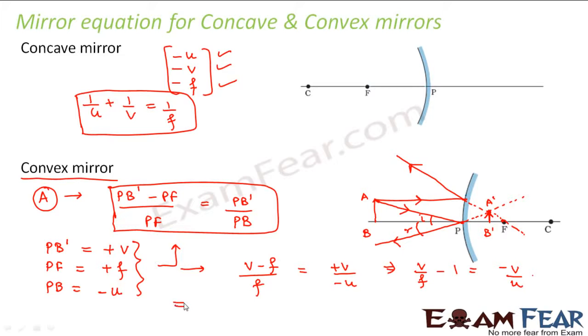If we divide throughout by v, we get 1 by f minus 1 by v is equal to minus 1 by u. Or we can say 1 by v minus 1 by u is equal to 1 by f. So this becomes the mirror equation for a convex mirror if we consider the sign convention.